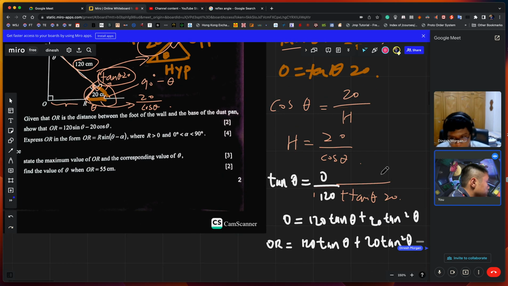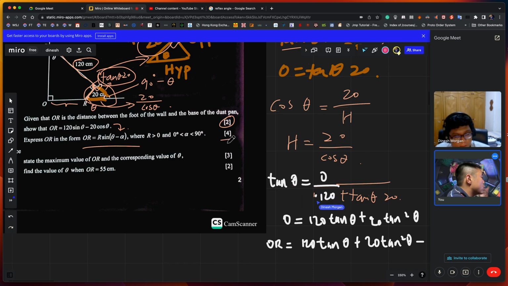But Dinesh, let me be frank with you. For 2 marks, if I have to do so many things, I will just skip and straight away express it in this form. It's not worth the effort. We need to be exam smart. If you cannot figure it out, 2 marks is not worth the effort. You just straight away do the 4 marks.